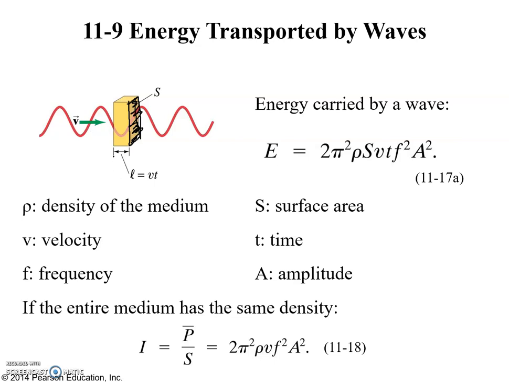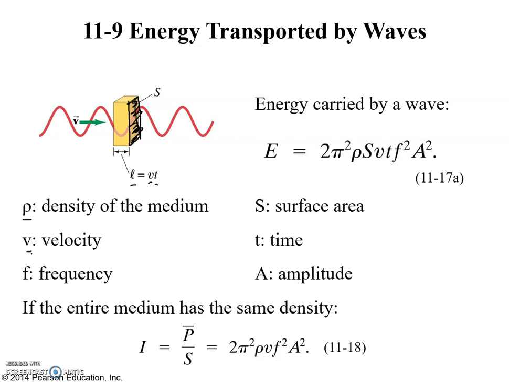So the medium that it's passing through has a length L, and that length is equal to the velocity times time, how quickly the wave passes through that material. And we have this material has some type of density, whether we're talking about air or water or any other material. We can look up the density rho.